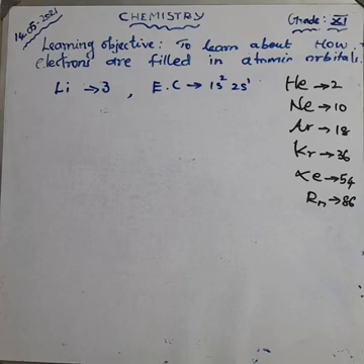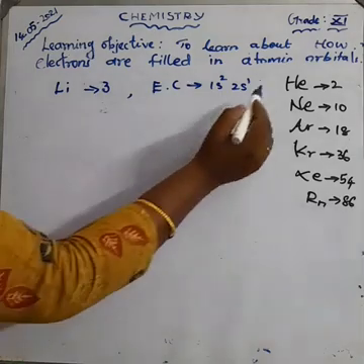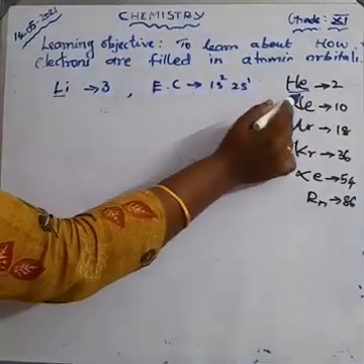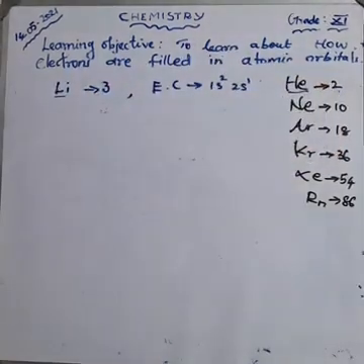Okay, here the nearest noble gas for lithium is helium. Helium is the nearest noble gas for lithium because the atomic number for helium is 2.